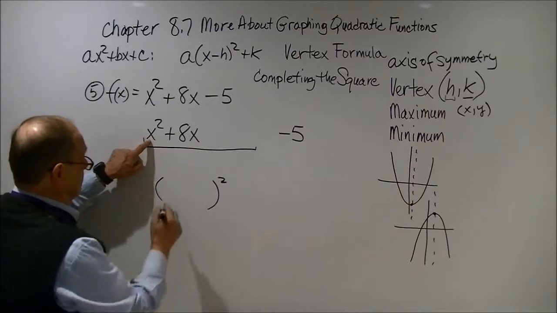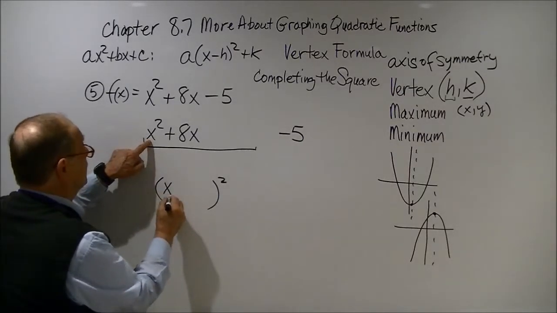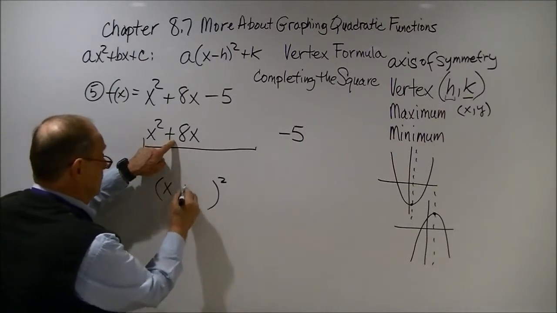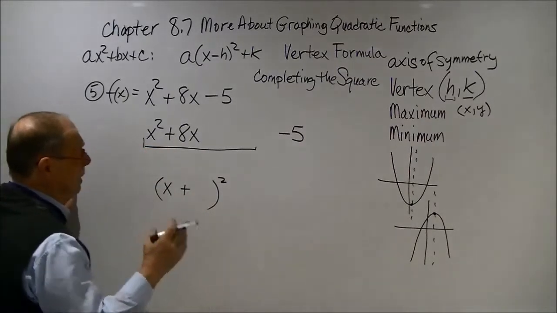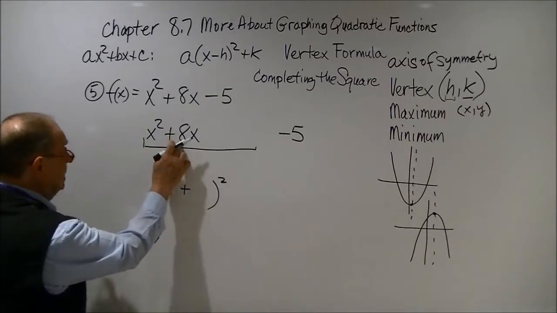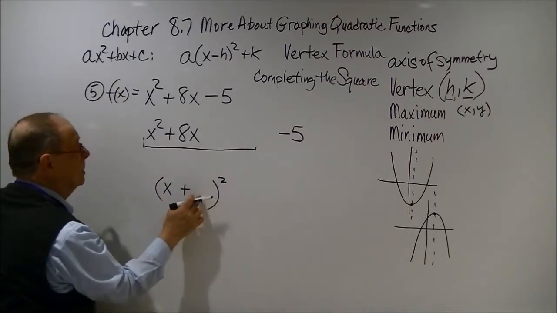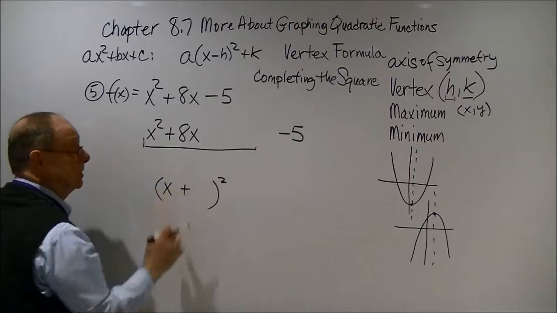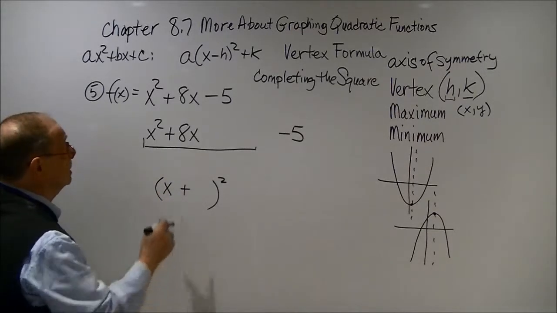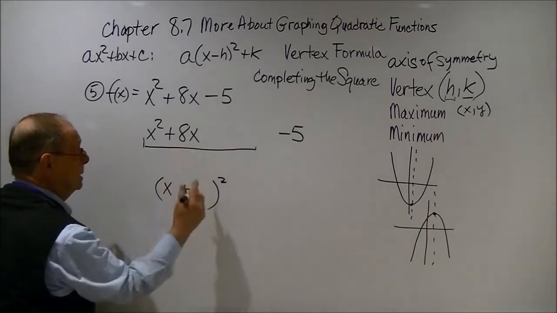Well, we knew the x came down here, and the sign is plus. And then what we said is you look at the b term, and in order to get this term here, you had to take half of the b term. Well, half of 8 is 4.